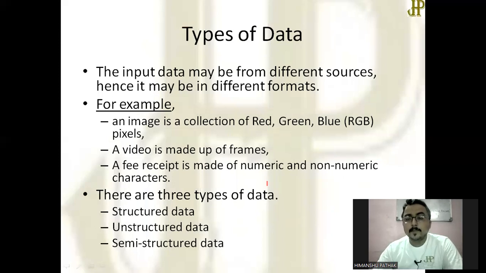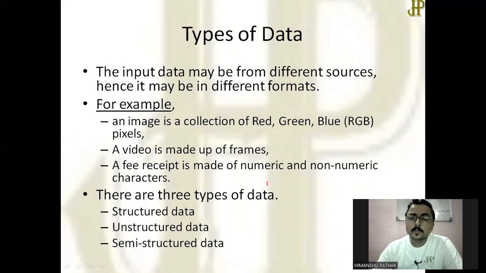Data can be an image. Data can be a video, which is made up of various frames. Data can be a collection of numeric and non-numeric characters. Data can be audio or any other thing.